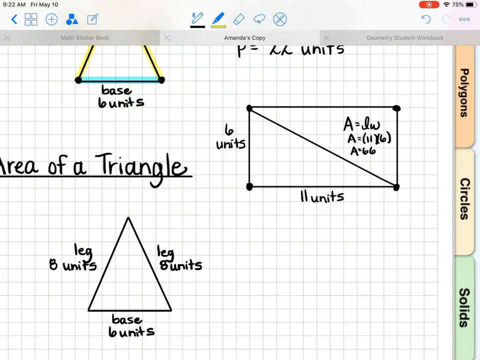I won't color them both because I know that takes some time. But let's color this bottom one in so that we're focusing on what I want you to see here. And I'm going to show you where the formula comes from for the area of a triangle. Hopefully it will help you to understand a little bit of the theory behind this concept.